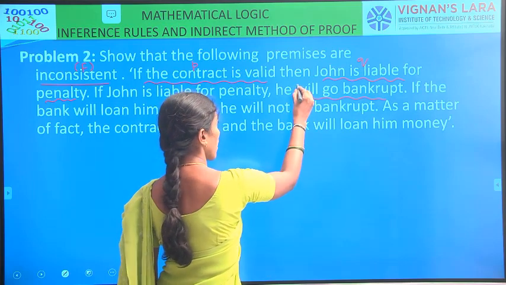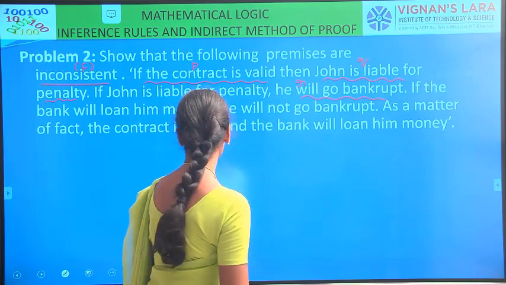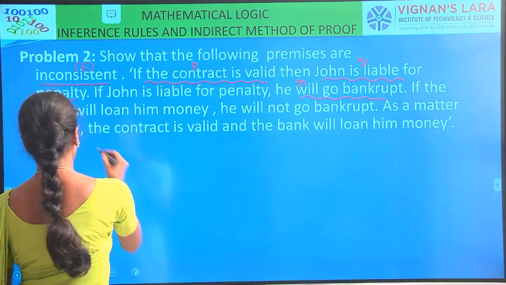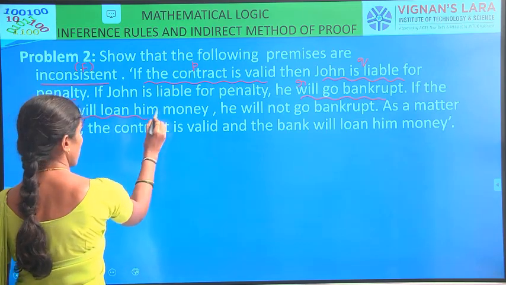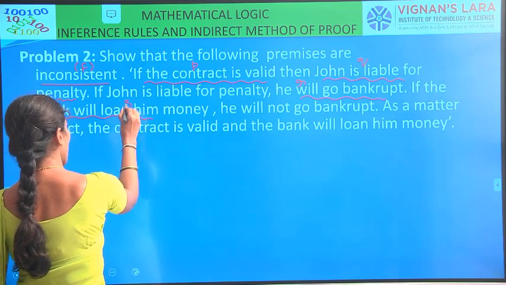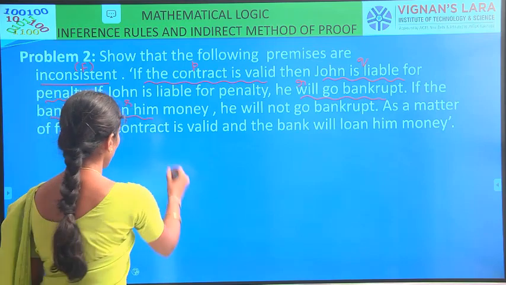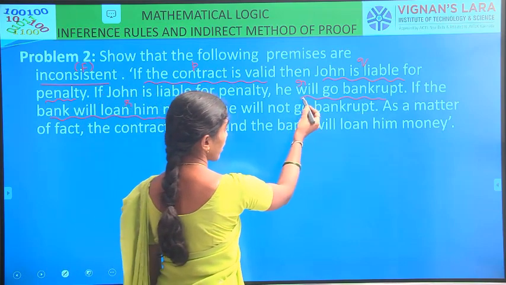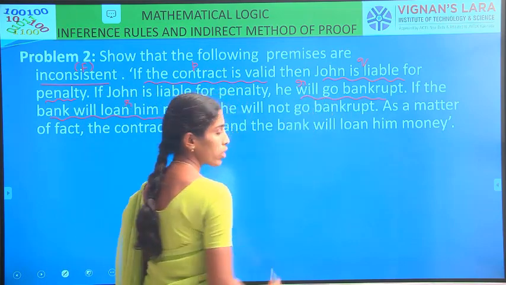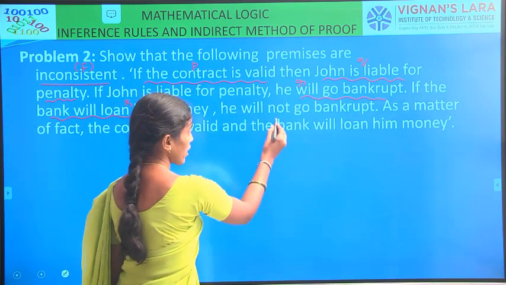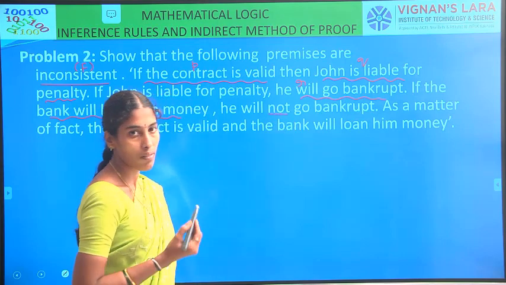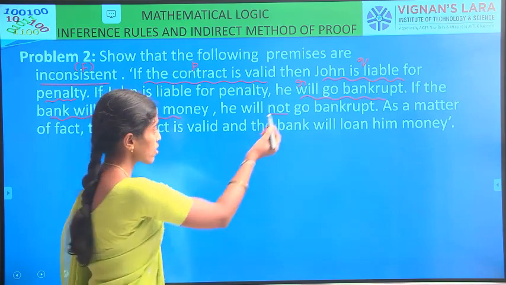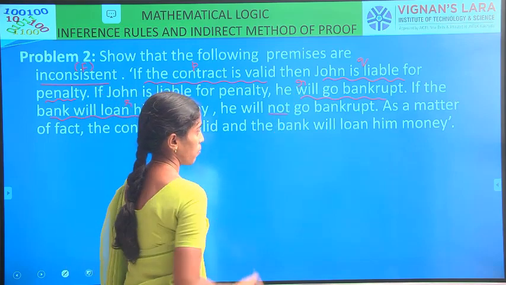It is denoted by R. Next, if the bank will loan him money, again it is a different sentence, which is denoted by S. He will not go bankrupt. Already he will go bankrupt is denoted by R. So only the extra word is not. Whenever not is there, we need to put the negation symbol before this variable R.